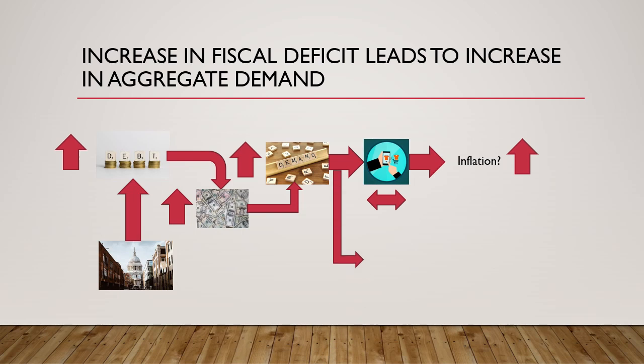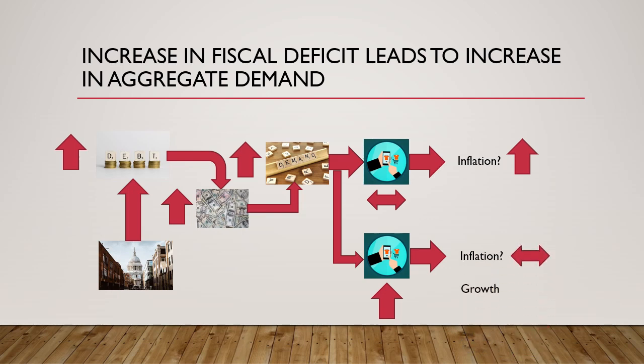However, in the second scenario, the economy is still not at its optimum supply level, thereby the supply responds and increases in the wake of increase in demand because of the increased fiscal deficit. That means that the inflation in the economy will be stable and not increase, and the economy will see growth.